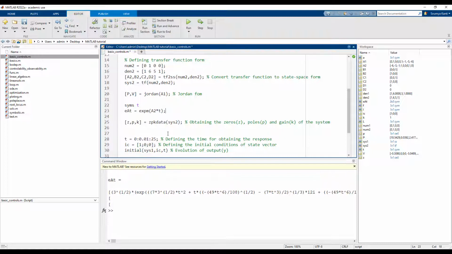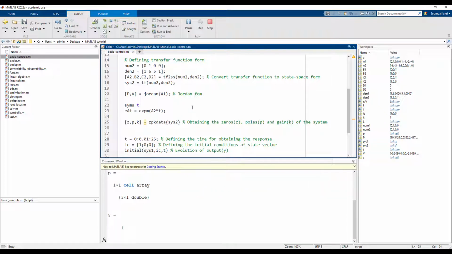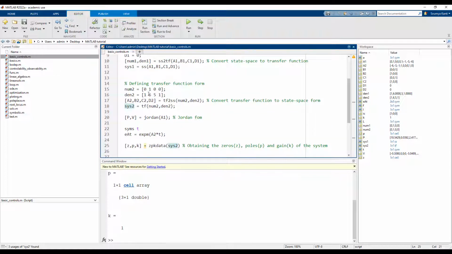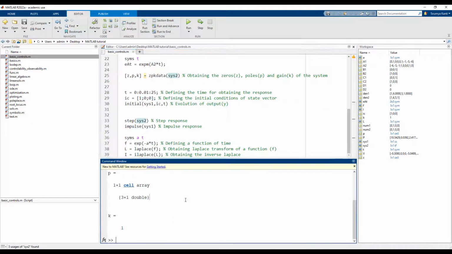So what you want is in the form k times (s minus a1)(s minus a2) divided by (s minus b1)(s minus b2) and so on. So this is how you do it. The outputs are z, p and k, and you do zpkdata, then you provide the system. Now if I run it, I have given sys2, which was this polynomial one.